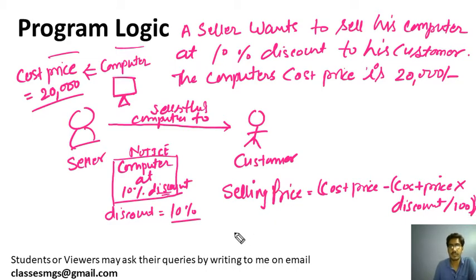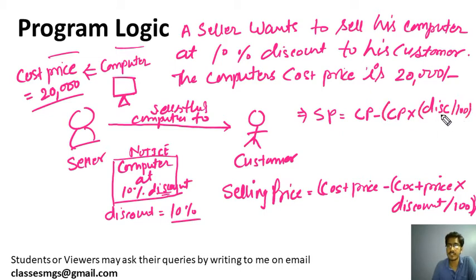Okay, so I am writing this formula again very clearly. SP, selling price, equals CP minus CP into discount divided by 100, like this. So this is the formula.